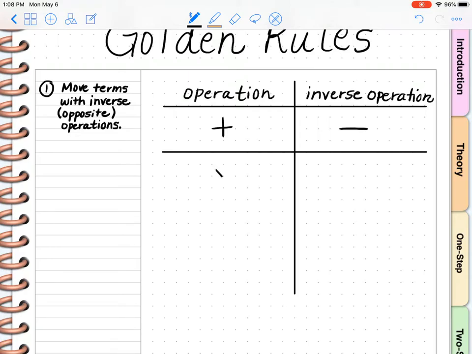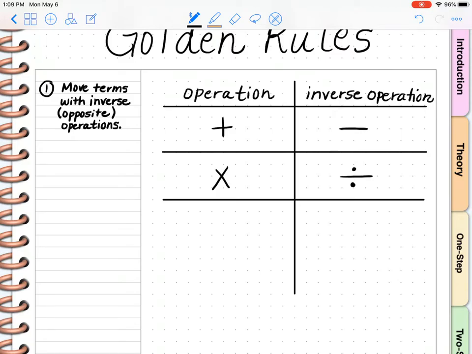Okay, if the operation is multiply, the inverse is divide. And we did go over this earlier in the terms video, I think. I gave you quite a list of these, but it won't hurt to go over them again.